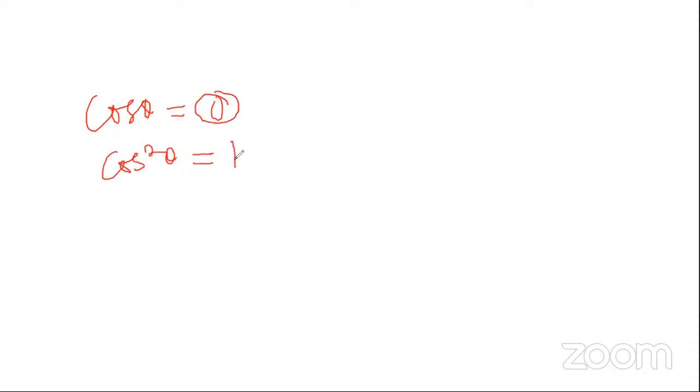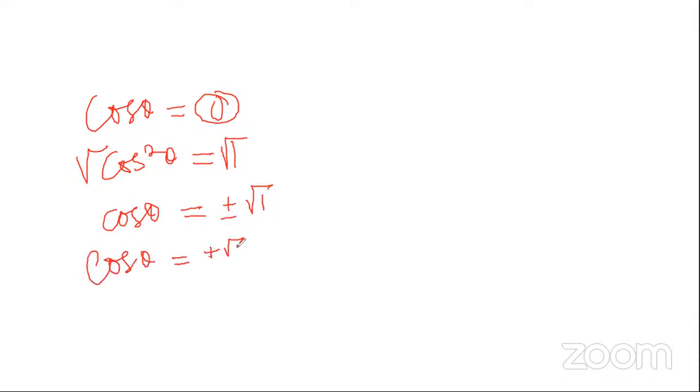Equaling to, for example, 1. Yes, teacher, we take a square root on both sides. Then cos theta is plus or minus. First you pick cos theta equaling plus root 1, then you take the inverse and find the angles.